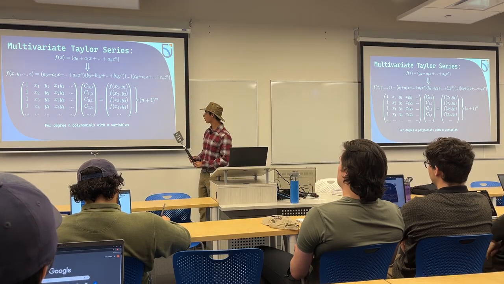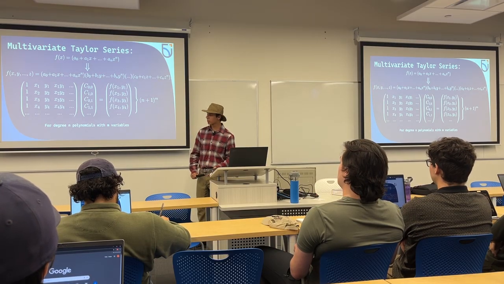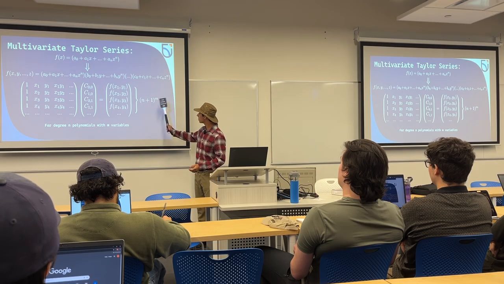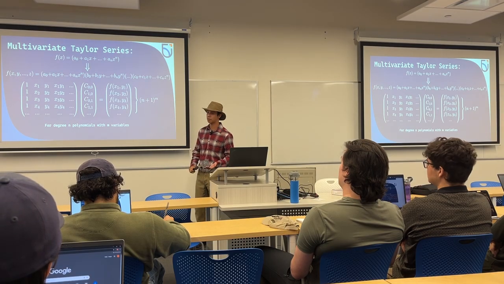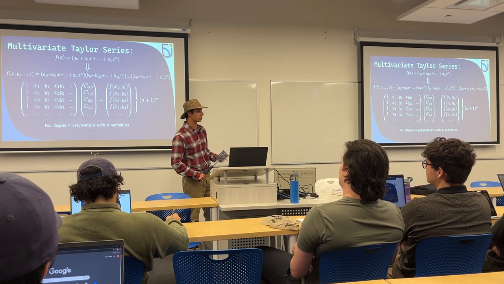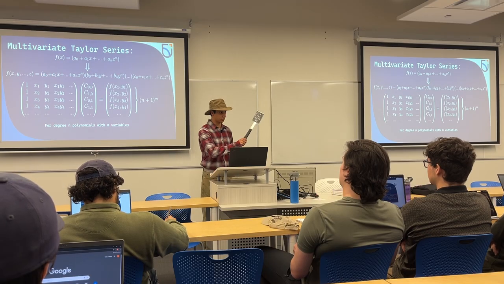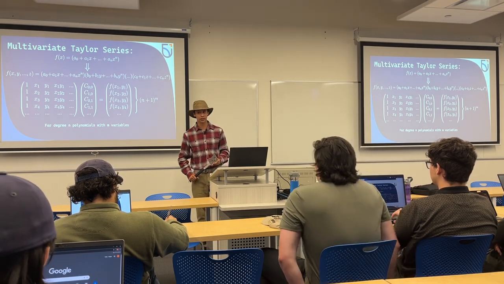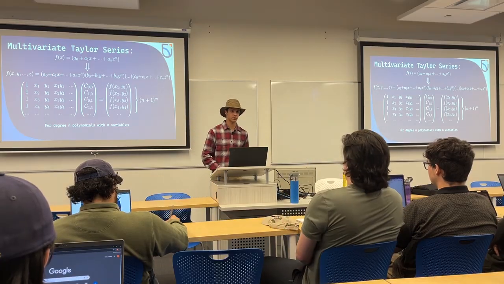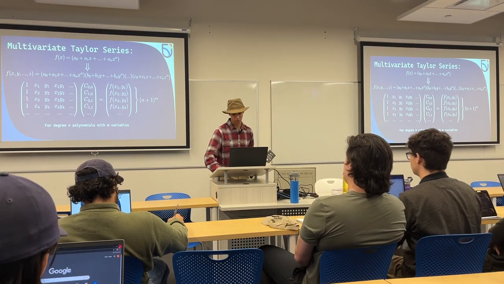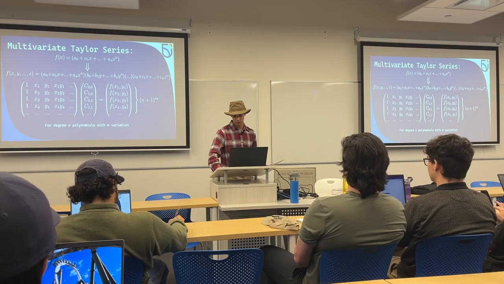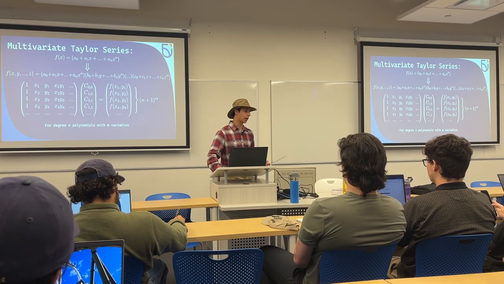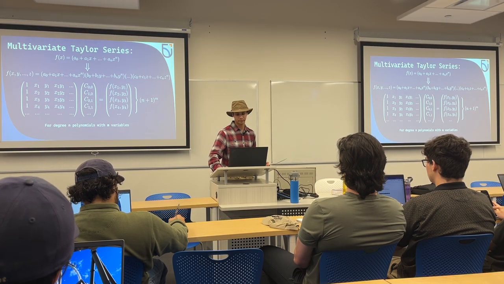In fact, for a degree n polynomial, you have n plus 1 to the power of m terms, where m is the number of variables that you have. And that's the single dimension of the matrix. Remember, it's squared. So it gets really, really messy, really, really quick. And this is probably why they don't talk about it much, and why I'm not really going to do much other than show you why we can get what we get from it.